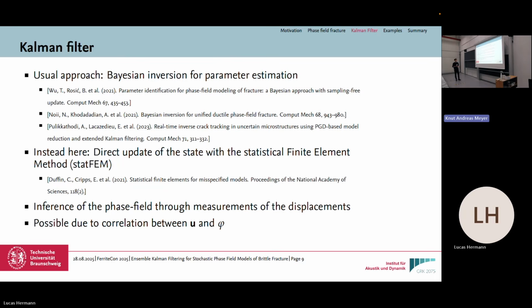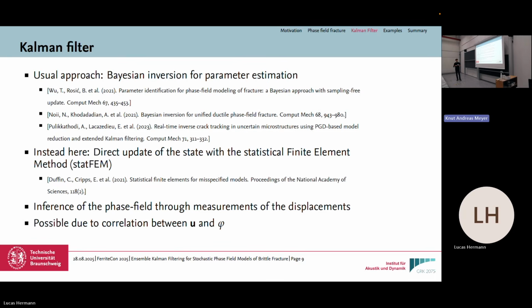That's the classical approach. We chose a different method. It's called statistical FEM. And there we treat the high-dimensional vector A, in this case, as our parameters. And we directly optimize for the optimal set of dofs in the end, given the data.